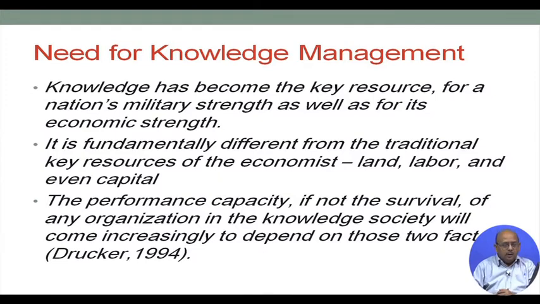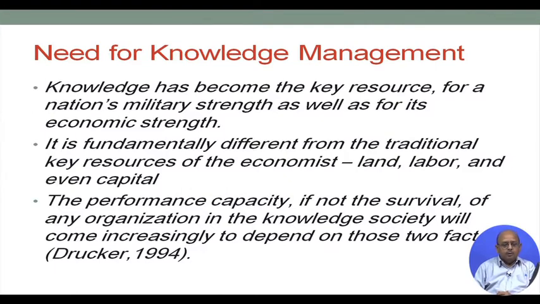Now, if an organization is based on knowledge, then its performance is going to be much better than any other organization. And that is why Drucker says that the performance capacity, if not the survival, of any organization in the knowledge society will come increasingly to depend upon these two factors, that is knowledge and capital.